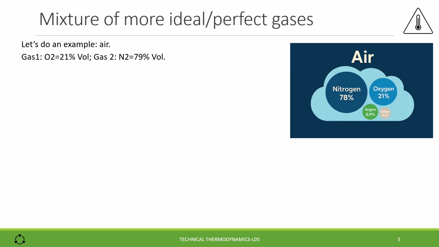We know that air is a mixture of different gases. We consider for the time being only two of them, oxygen and nitrogen. Oxygen is present in a percentage of 21% in volume and nitrogen 79% in volume. The pressure is the same.